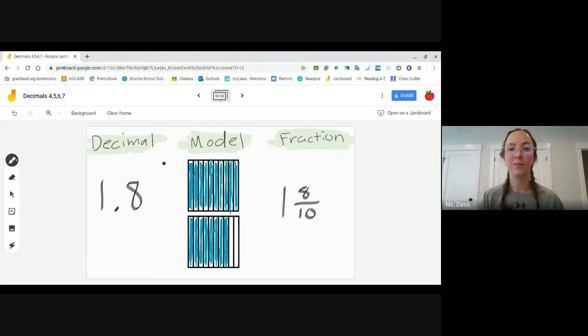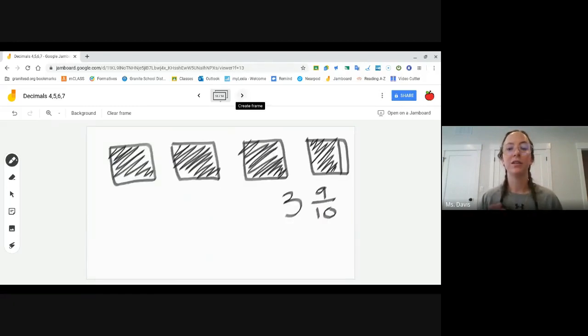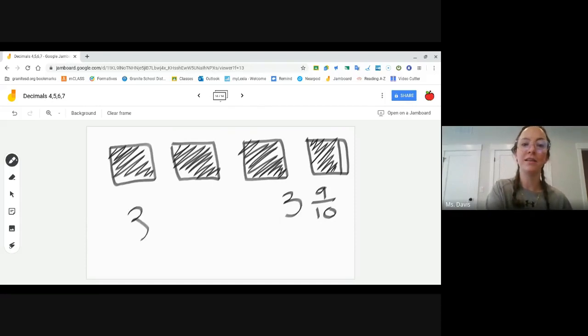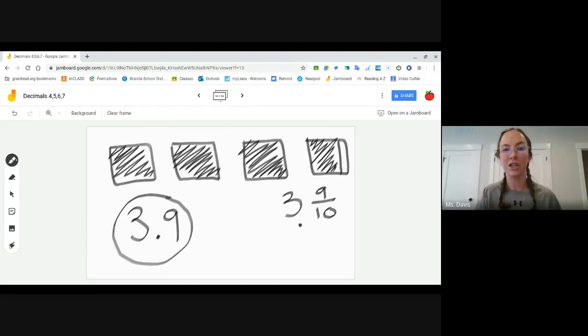Other than that, I could have more than one whole as well. Here, you can't see the tenths because they're hard to draw when they're this small, but I have 3 wholes. So I would have 3, and you can see here I have a little bit of a whole, but not the whole thing. I have 9 tenths, which would mean I would need a 9 in the tenths place value column. So this would be 3 and 9 tenths, which reads the same as this fraction.